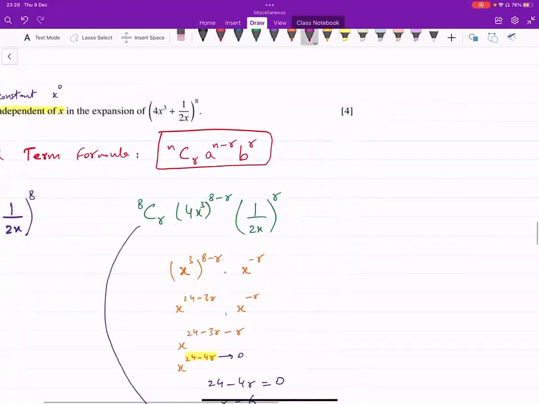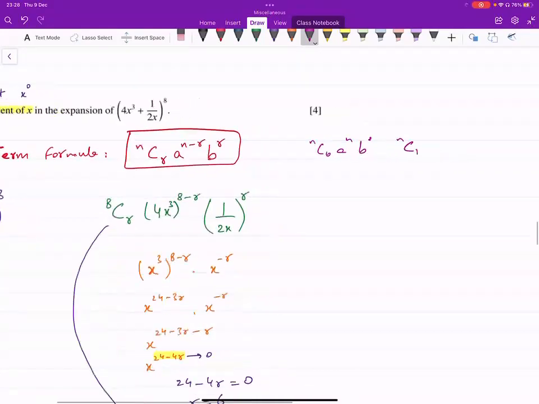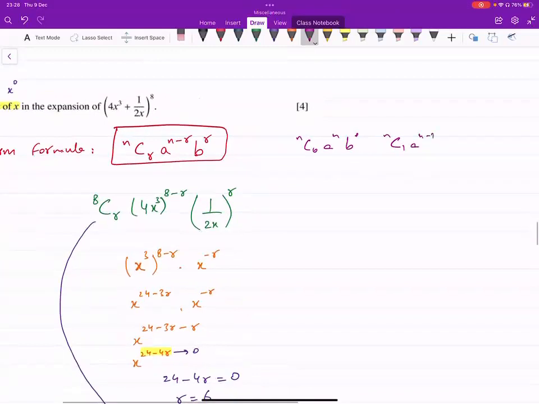For example, यहाँ पे अगर मैं 0 input कर दूँ, I get NC0 a raised to power n b raised to power 0. That's the first term. अगर R की value 1 input कर दूँ, I get NC1 a raised to power n minus 1 b raised to power 1. If I input r equal 2, I get NC2 a raised to power n minus 2 b raised to power 2. So the only thing that changes in every term is this value of r, and we want to find the value of r here.